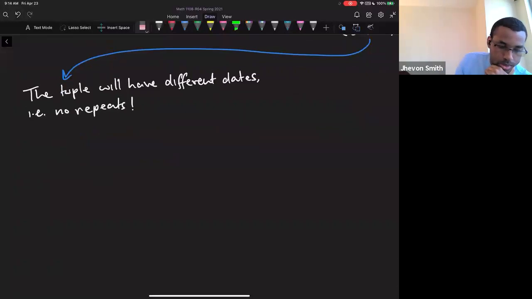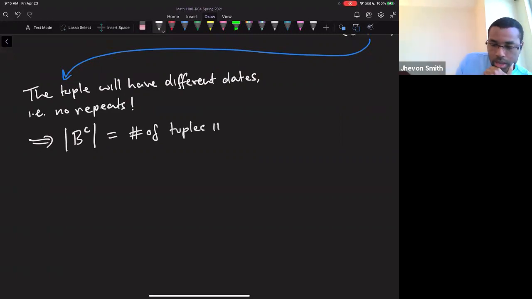So the size of B complement equals the number of tuples in S that do not repeat dates.